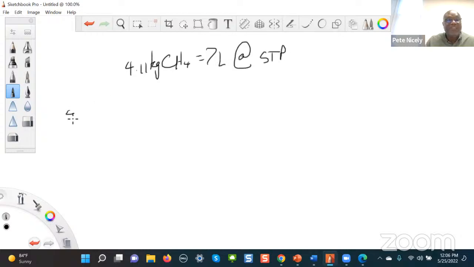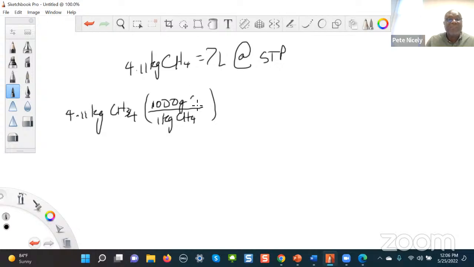So the first thing I would do is convert the 4.11 kilograms of methane to grams of methane. So you're going to have 1 kilogram of methane down here, 1,000 grams of methane above, and then the next conversion factor will be converting from grams of methane to moles of methane.